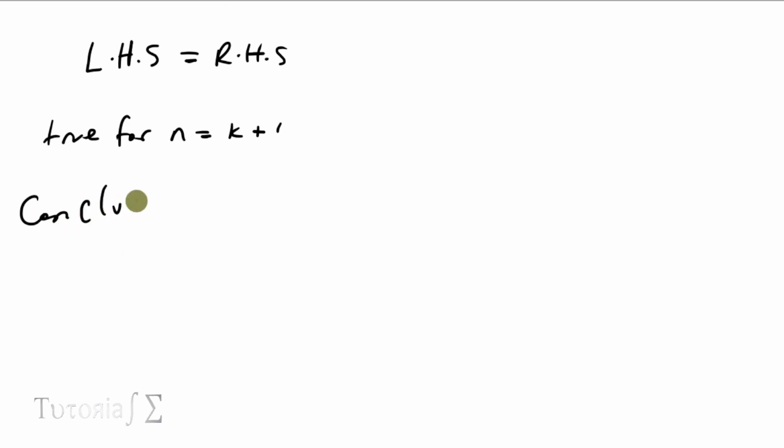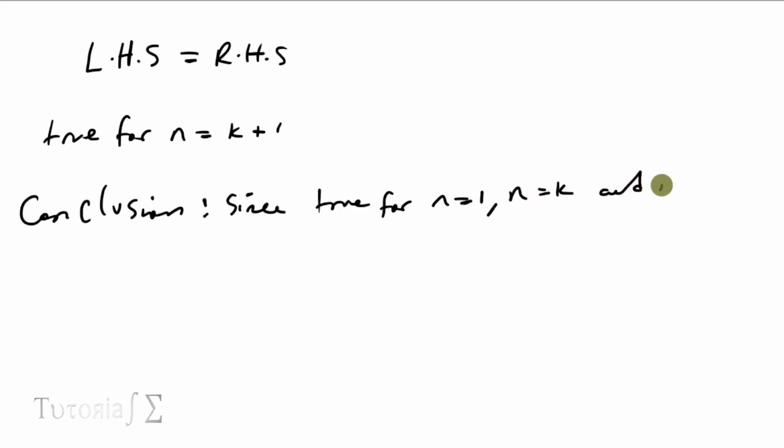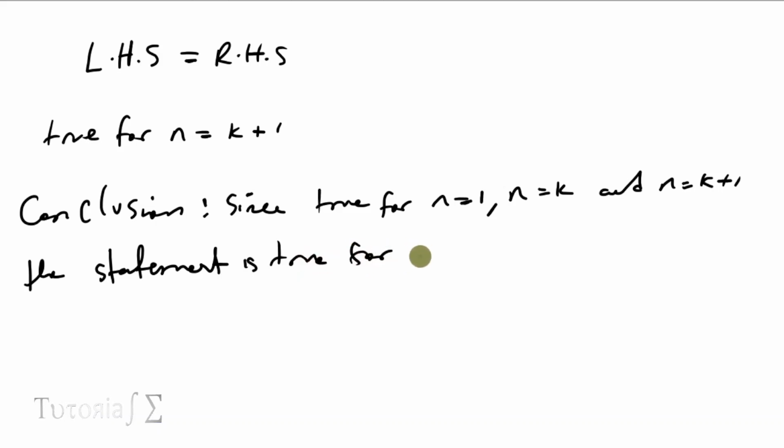Conclusion: since true for n equals 1, n equals k, and n equals k plus 1, the statement is true for all values of n. Then that's it, you're done.